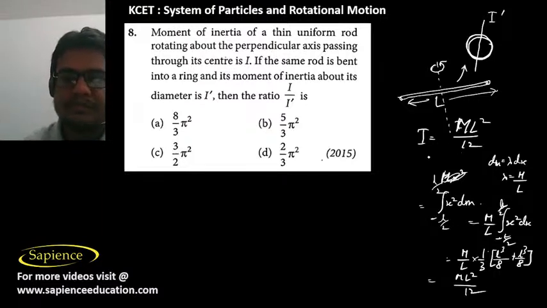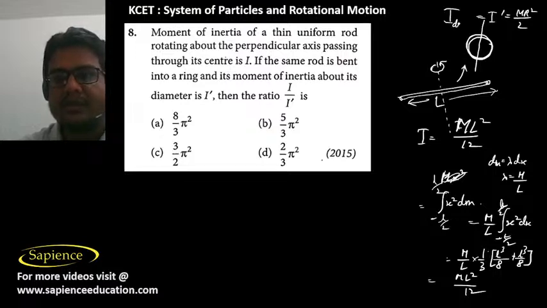Now when this has been bent into a ring, we have to find the radius of the ring. Then I dash will be mr square by 2, the moment of inertia along the diameter of the ring.